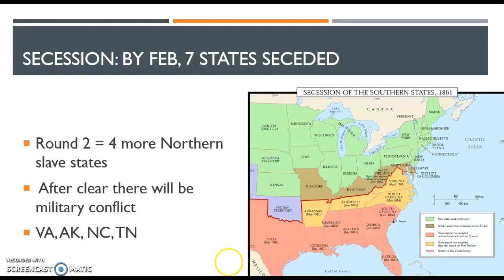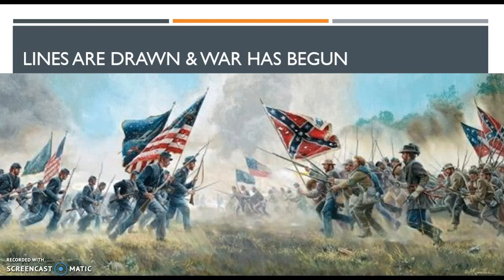These more northern slave states, Virginia, North Carolina, Tennessee, and Arkansas, will secede only after Fort Sumter, after it's clear this is going to be a military conflict. So by the time we get to summer of 1861, our lines are clearly drawn. The Confederate States of America has been formed, and we are heading toward a military conflict.